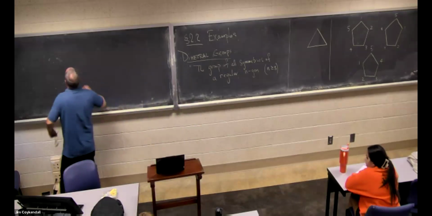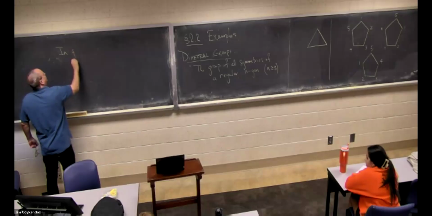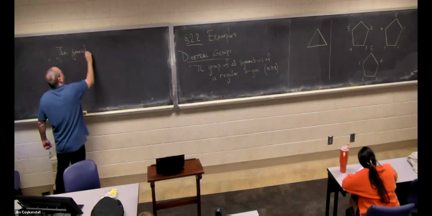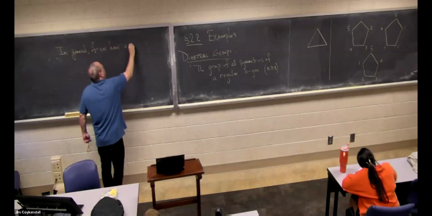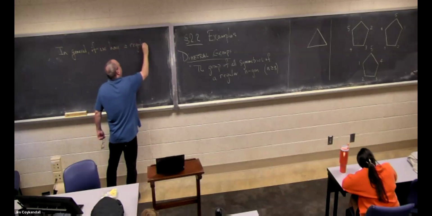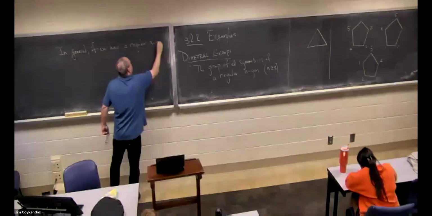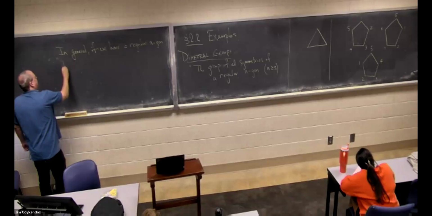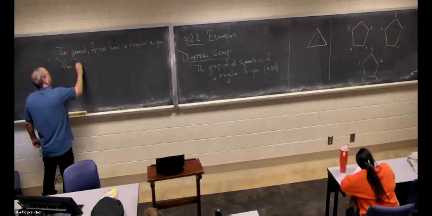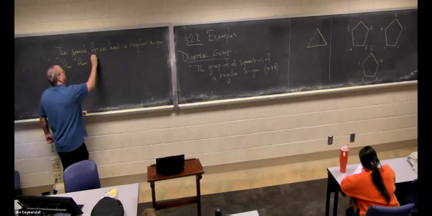So in general, if we have a regular n-gon, then how many symmetries would you guess there should be?